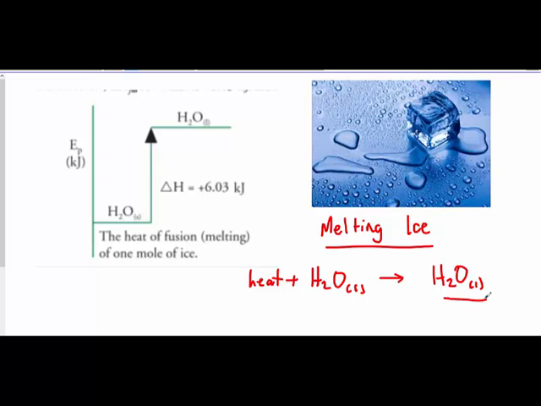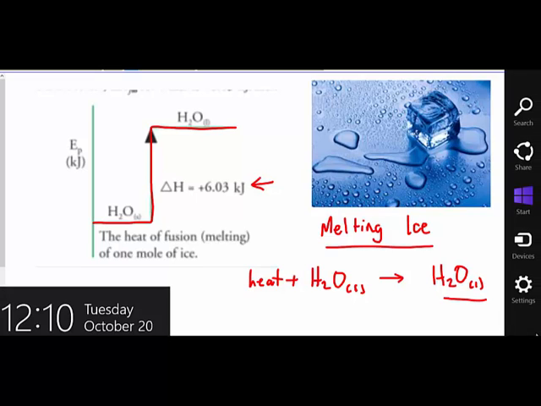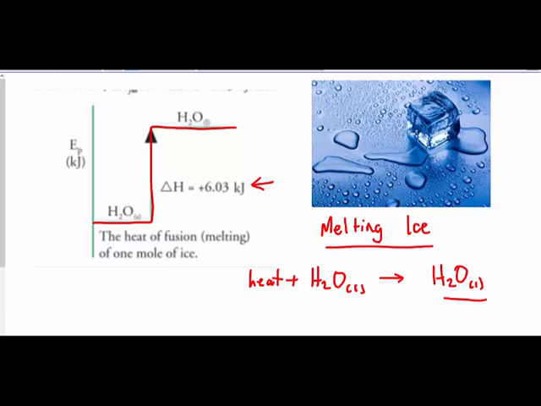And here is the potential energy diagram for melting ice, where we have the reactant as our solid, and again we're seeing the potential energy going up as we form our products, so our liquid water has higher potential energy.